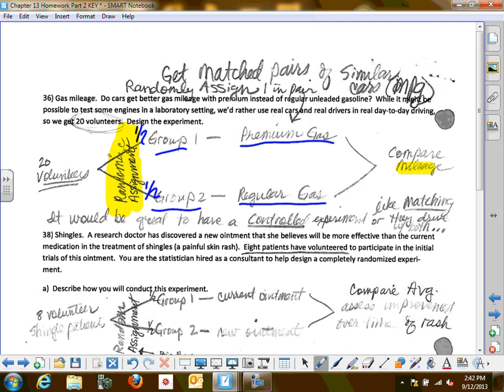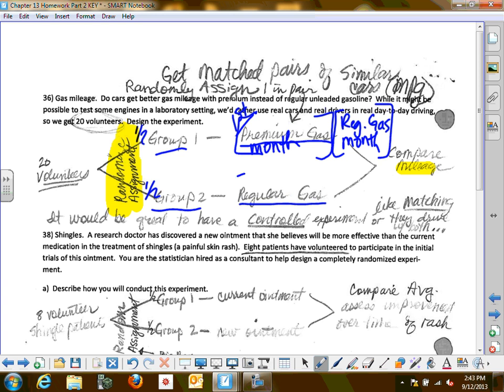Let's fix this. How about if we have one group do the premium gas for a month, and then they switch, and they'll do the regular gas for a month. Therefore, all the drivers have done both things. This particular group did the premium gas first. Remember I said it matters a lot of times which one you get first.